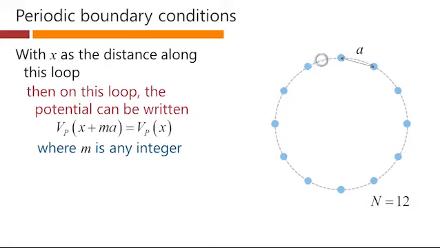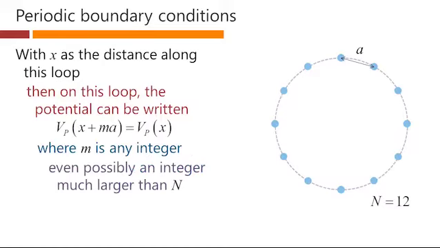So some point on the chain here, and we move along by some integer number of these repeat lengths, and we should have the same potential. That's what we're saying here. And note that this will work even if m is an integer that is much larger than N. We could just keep going around the circle many times. It would still be true that as long as little m here was an integer, then this kind of relation would still hold.